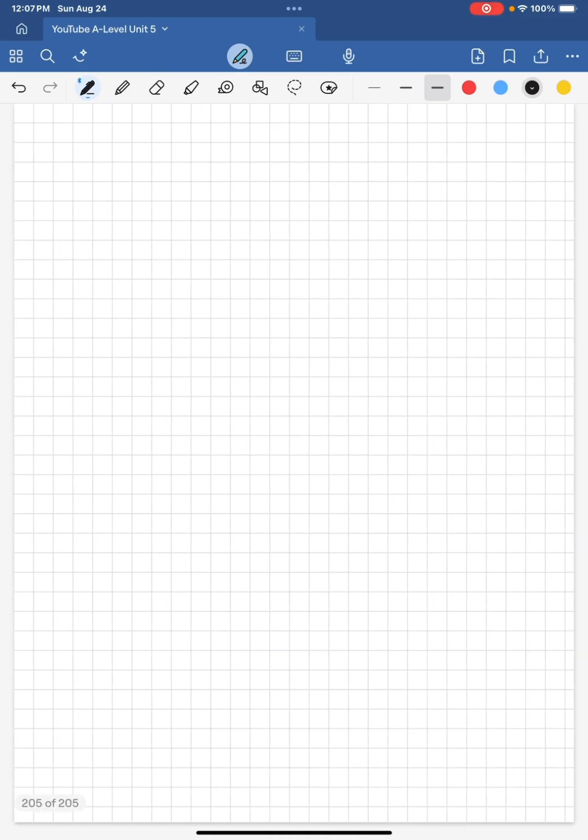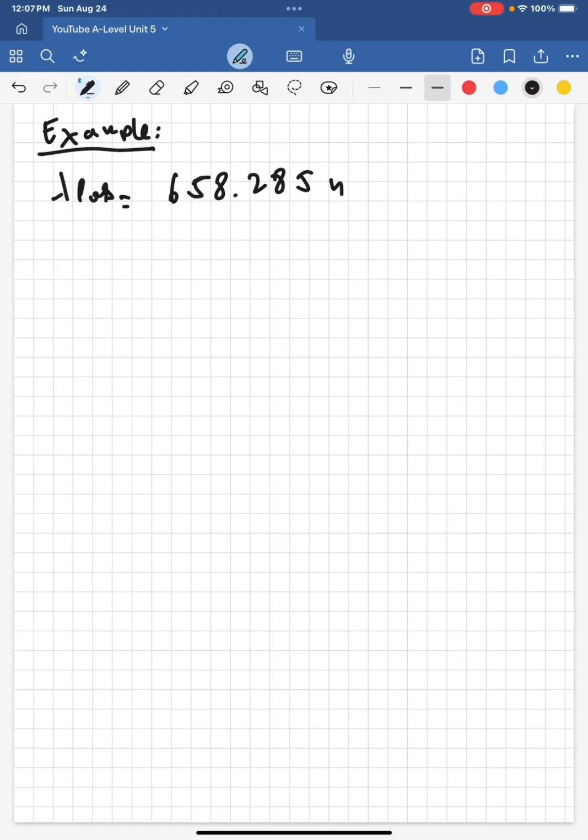So let's do an example. The wavelength in the lab is, let's say, 656.285 nanometers, and the wavelength of the absorption line as measured from a star is 656.315 nanometers.